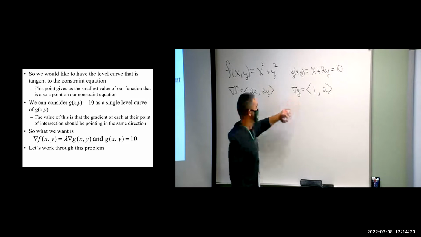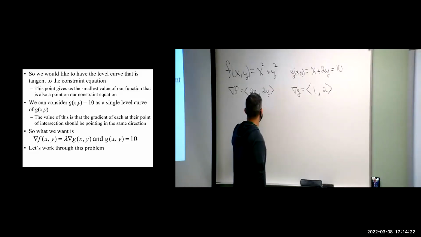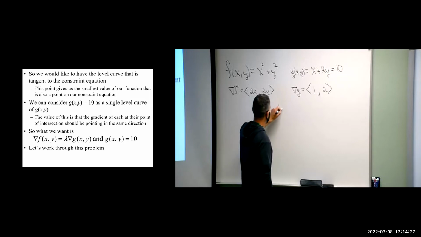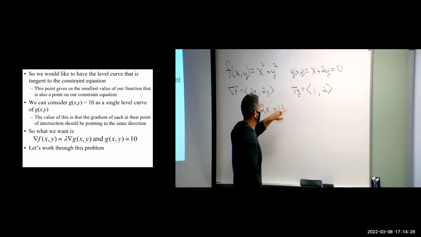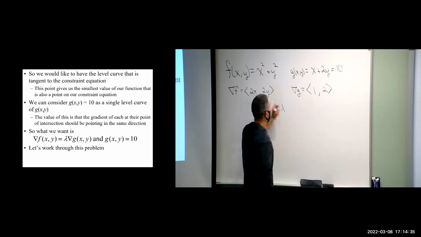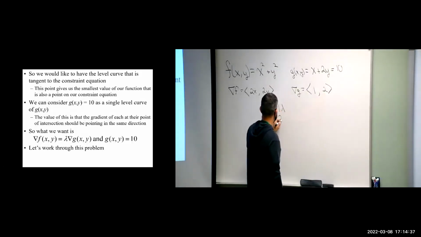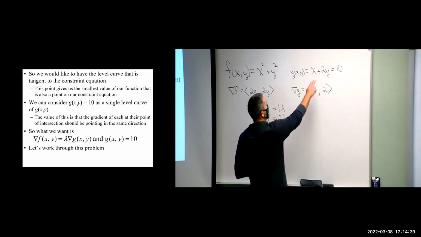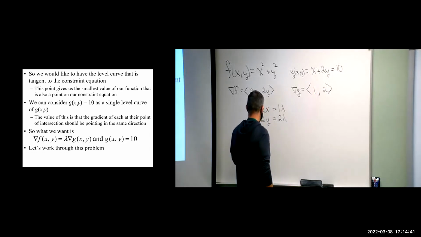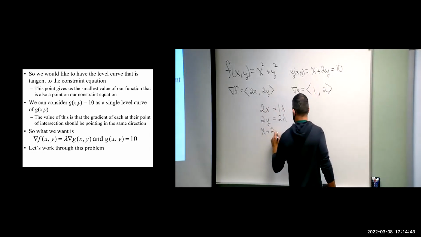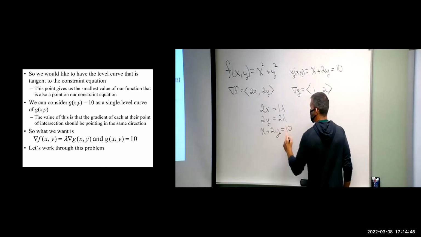Okay. So when we set these equal to each other, we have 2x equals 1 times lambda. Okay, the 2x and the 1. 2y equals 2 times lambda. And then we have our constraint equation. x plus 2y equals 10.